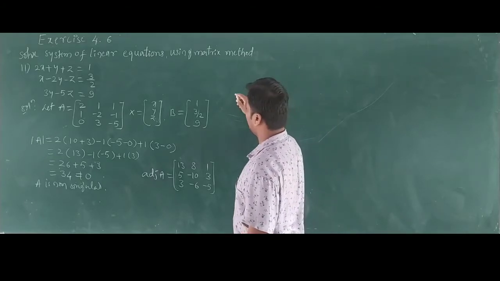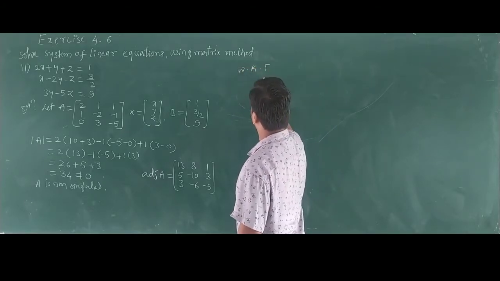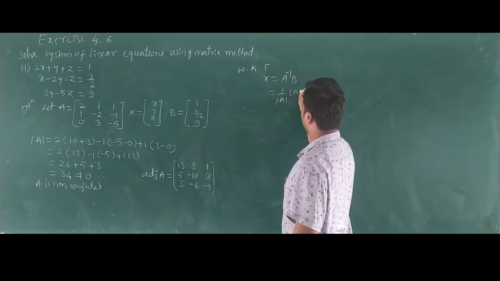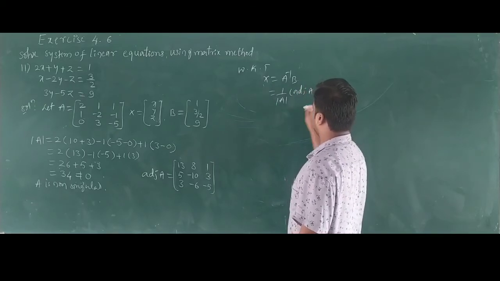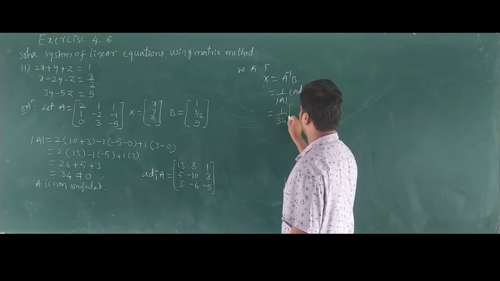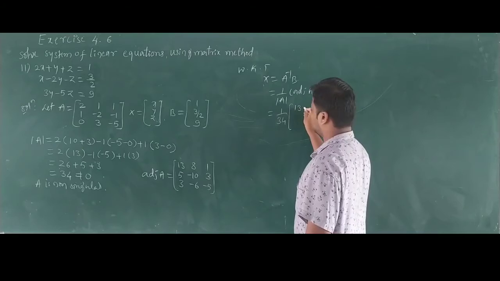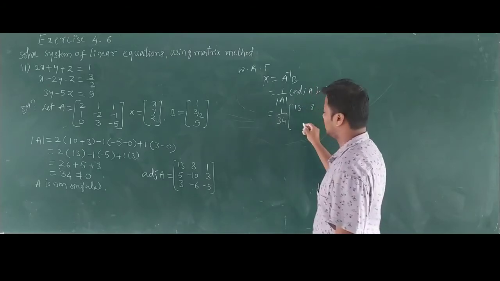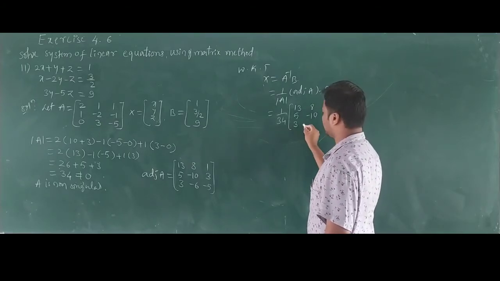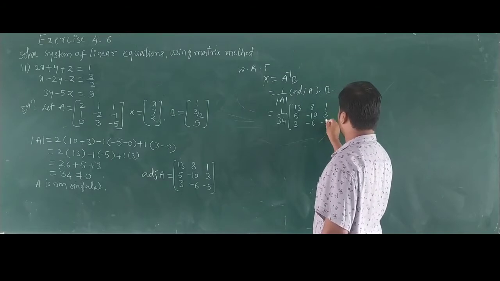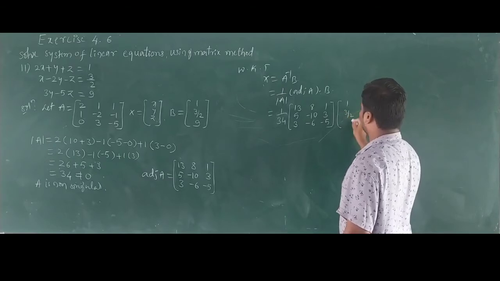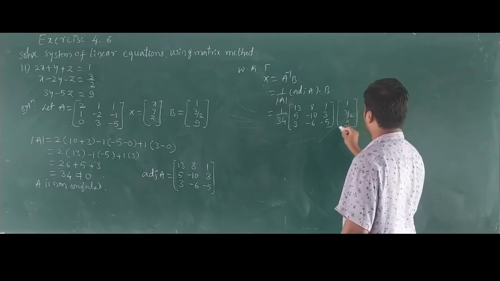Next, we know that X equals A inverse into B. So A inverse is 1 by determinant of A into adjoint of A, into B. So this equals 1 by determinant of A, this is 1 by 34. Adjoint of A is 13, 8, 1, 5, minus 10, 3, 3, minus 6, minus 5, into B, which is 1, 3 by 2 and 9. Okay, multiply.